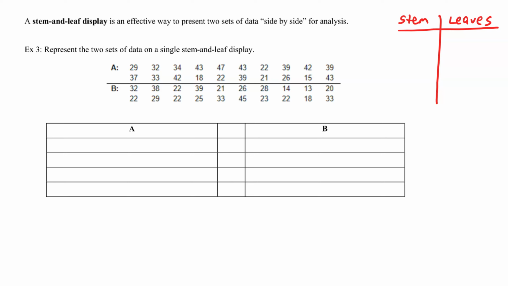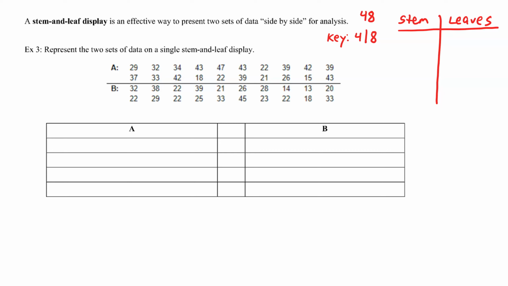So, for example, if we had 48, the way we would represent that on a stem and leaf plot would be 4-8. So, if we had our different groupings, our stems are the tens or the digits that are not the most right.